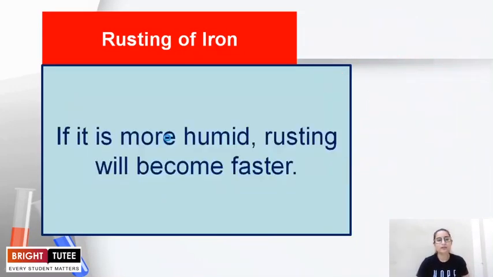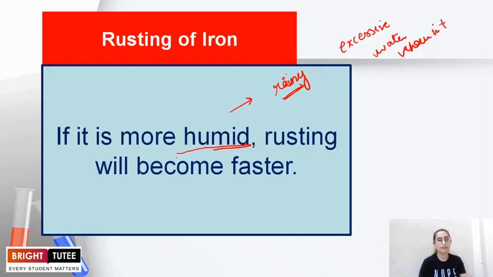Alright. So now students, another factor is if it is more humid. What is humid? Humid is a kind of weather when it is rainy. You must have noticed that during the rainy season you sweat a lot, right? There is humidity in the air. What is this humidity basically? This humidity is the presence of excessive water vapor in the air.